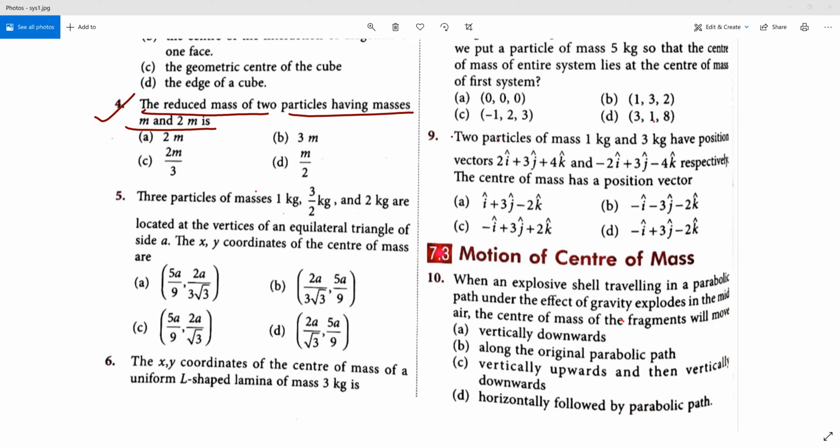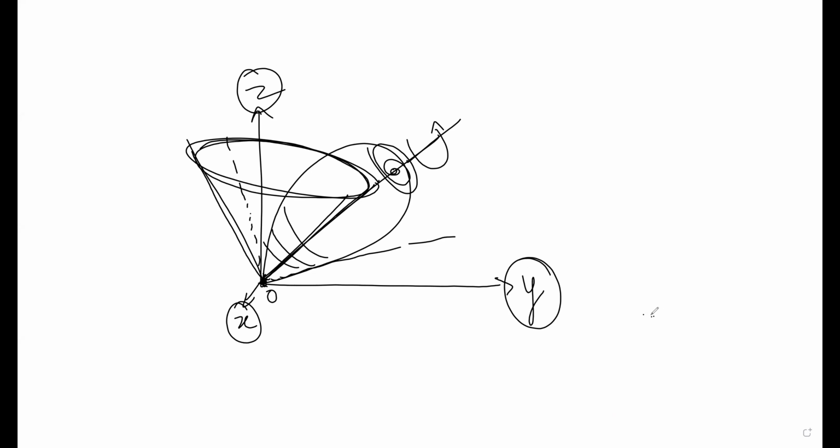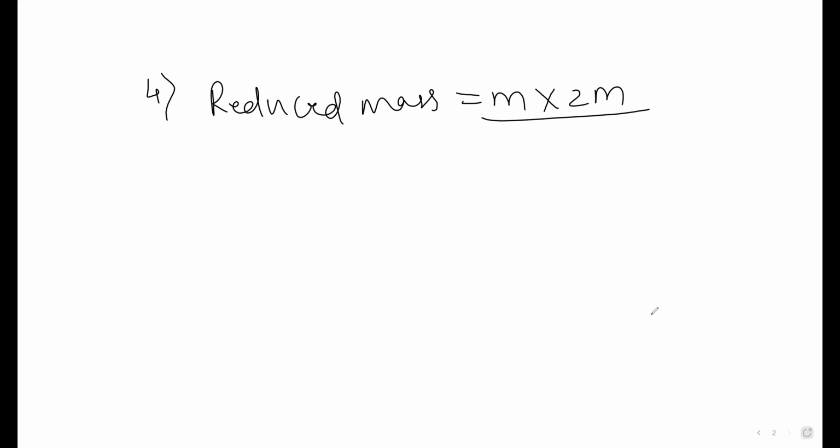So here for the fourth one, how we are going to solve it: we know the reduced mass is given by the formula m into 2m divided by m plus 2m.